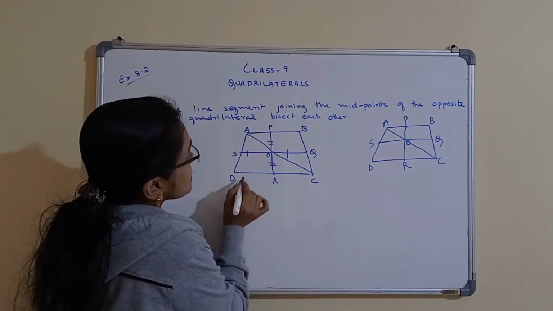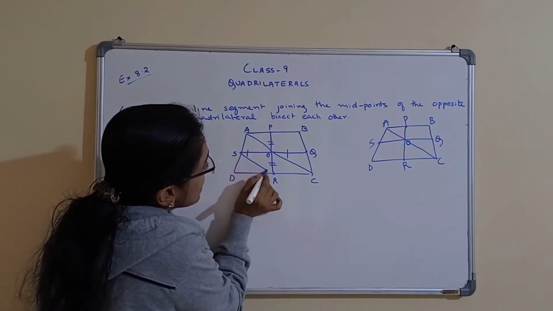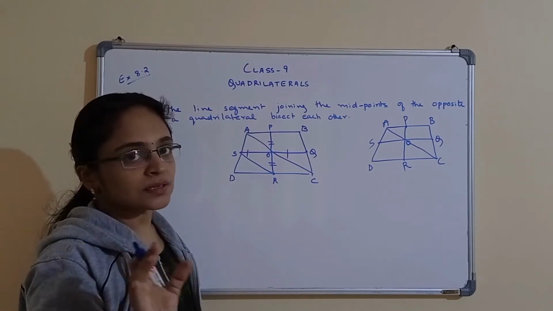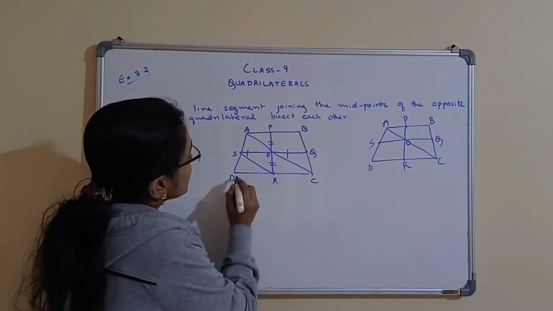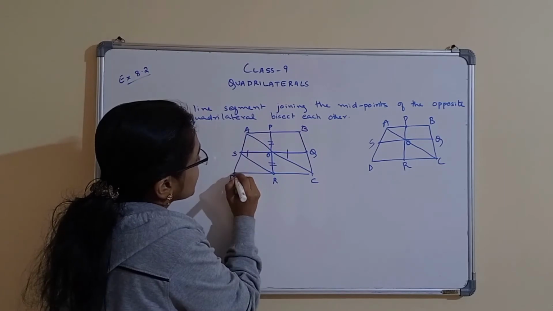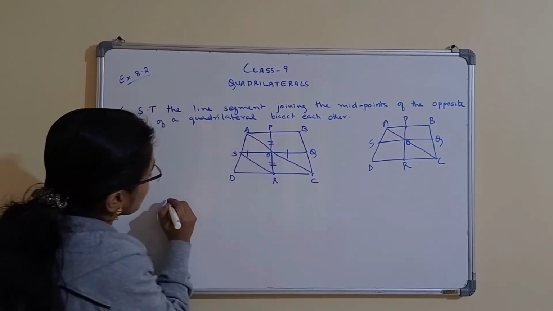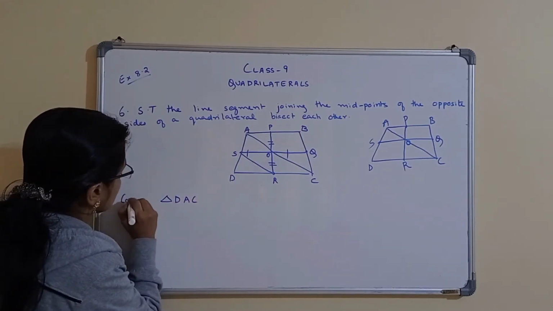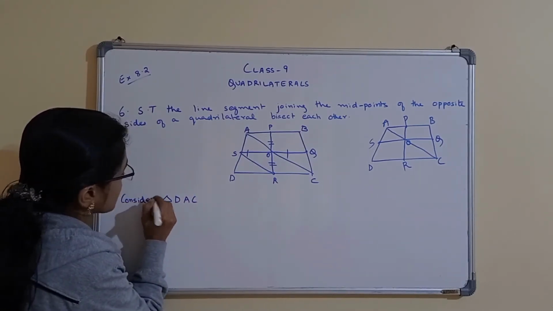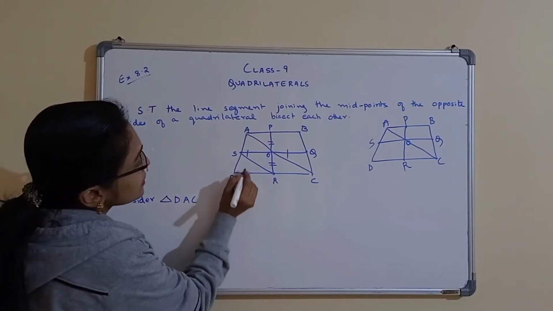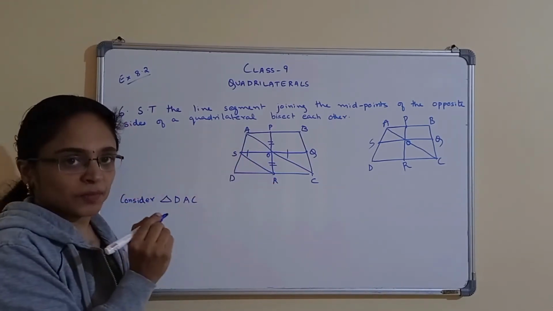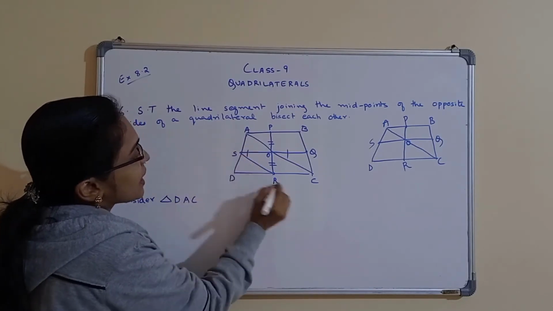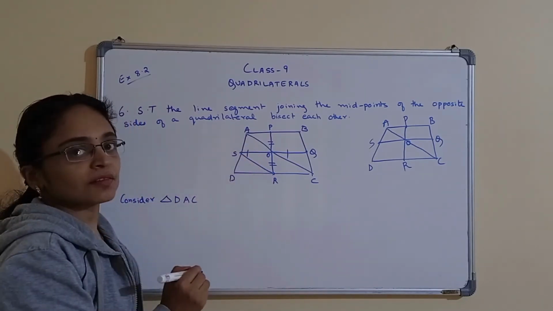And join SR. Understood? So, taking triangle DAC, here S and R are the midpoints of AD and DC respectively.